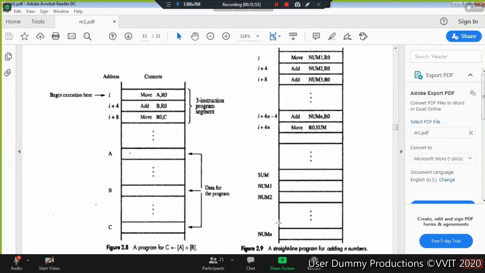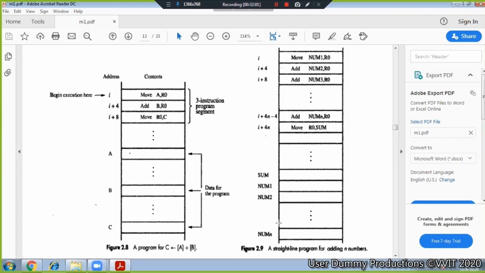Move num1 to R0. Then what does it do? R0 stores the value of num1. We are moving the content of memory location num1 to R0.